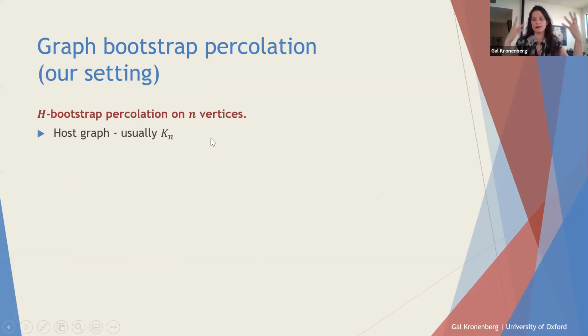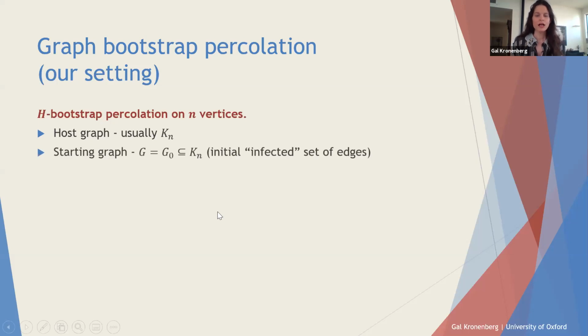Once again, we have the host graph, which is our world. In our case, it will be the complete graph on n vertices. And we have the starting graph, the set of initially infected edges this time, some people that came from China or whatever.